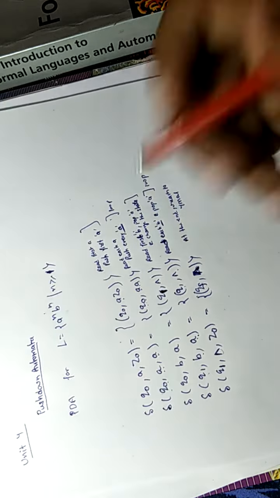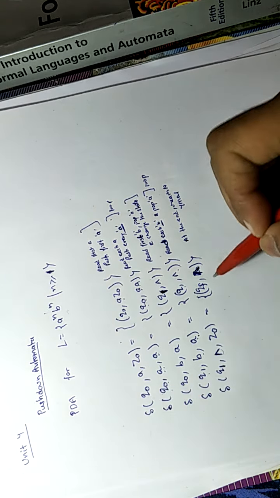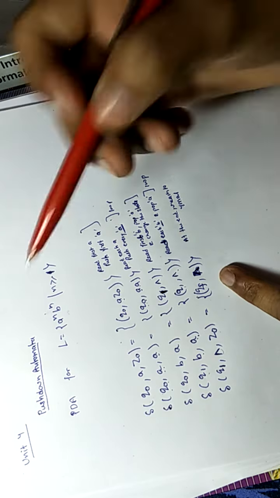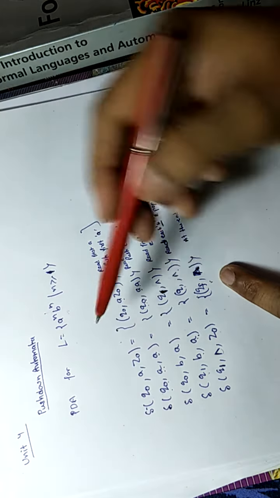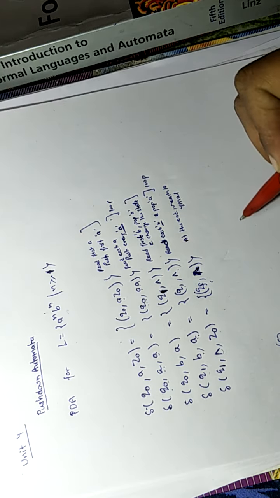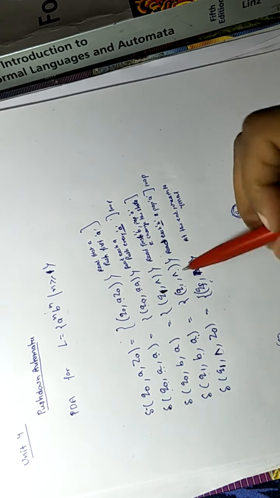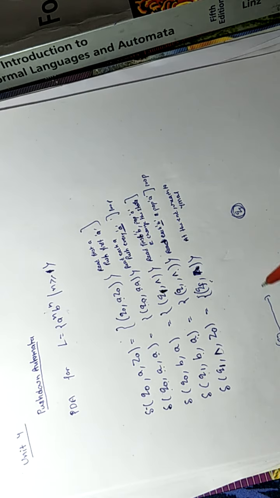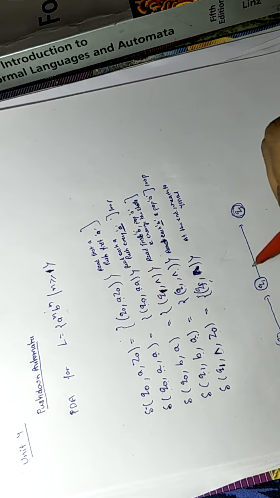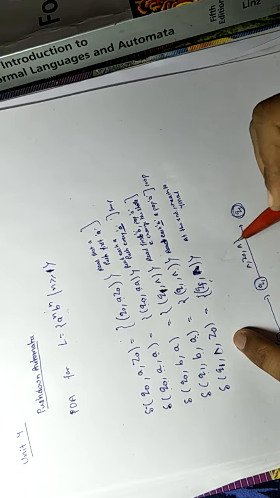And why is this for n greater than or equal to 1, why is epsilon not accepted? Because q0 is the start state and qf is the final state, and we will move from q0 to qf via q1. At the end we will get epsilon at input, z0 at stack, and we are popping it.